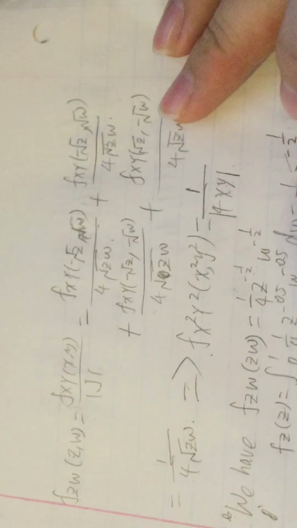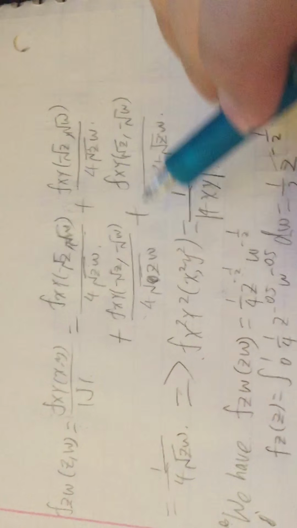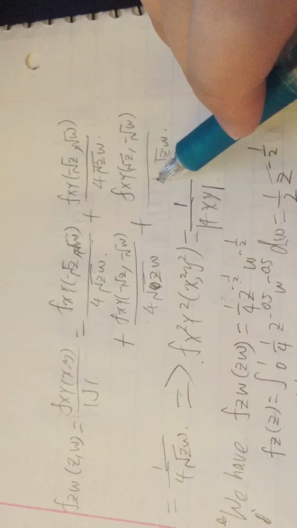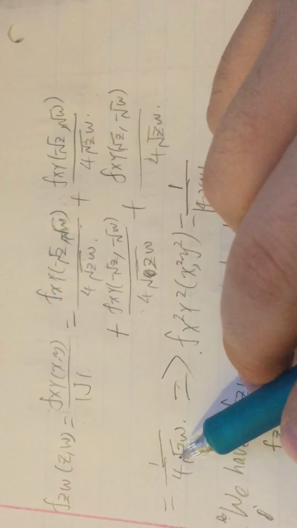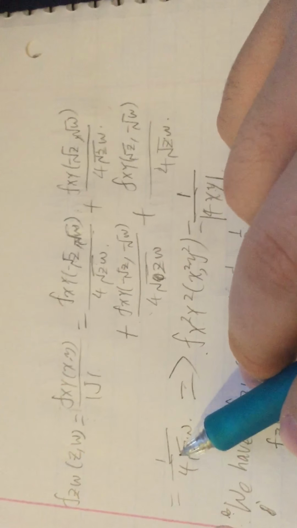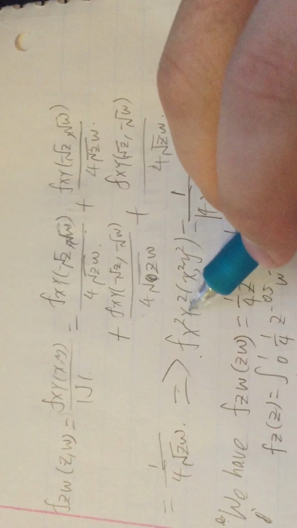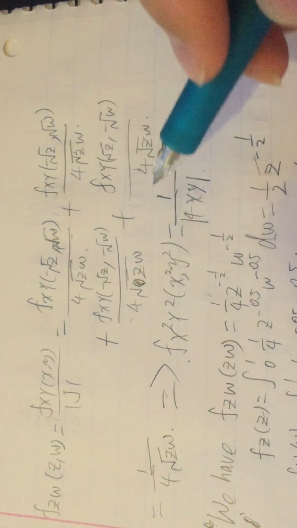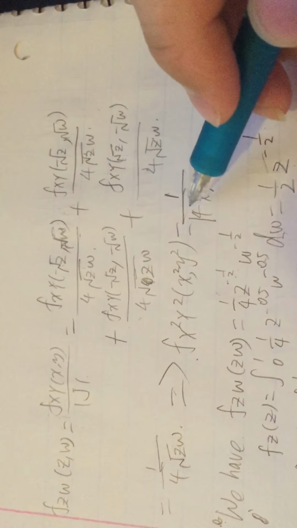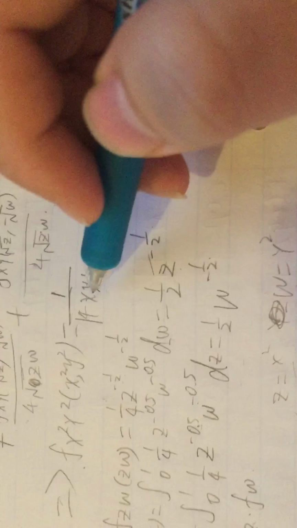Then we can get the solution of these. We plug these 4 together. We get the solution 1 over 4 times square root of z times w, which we can write as f of X squared, Y squared equal to 1 over 4 times the absolute value of x times y.